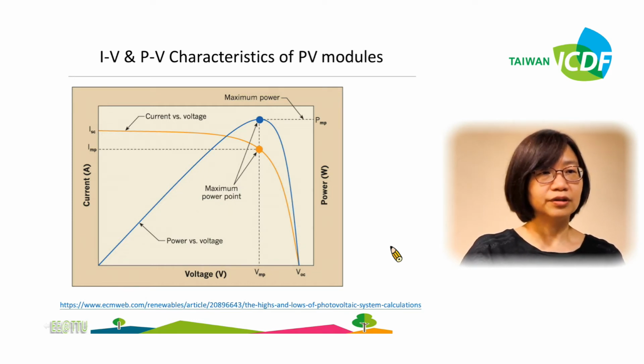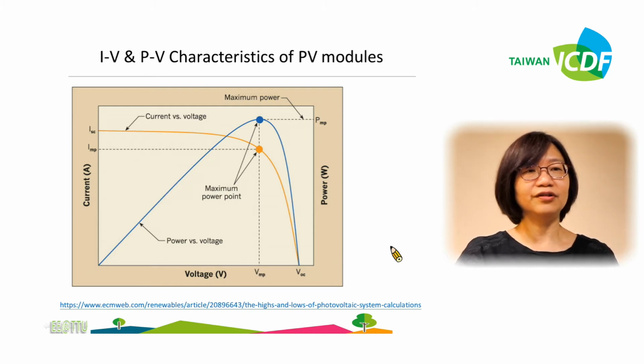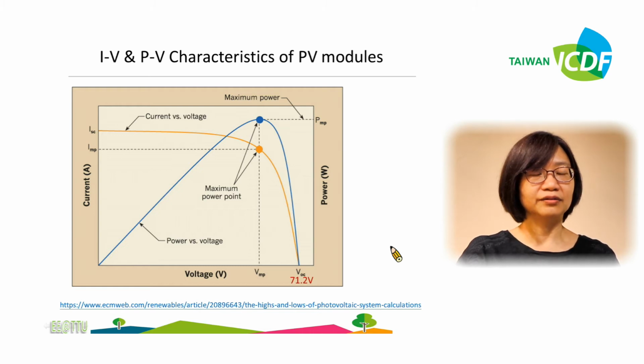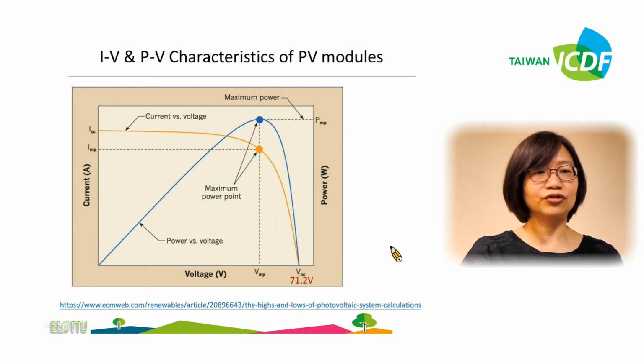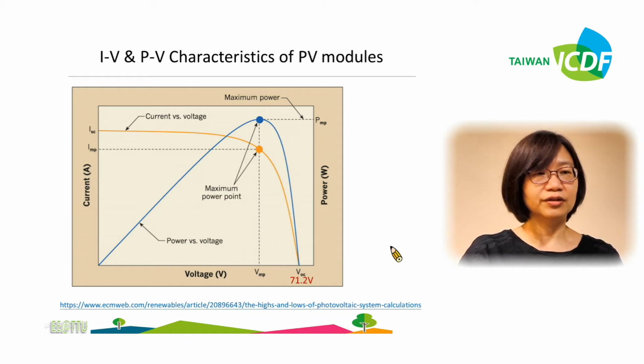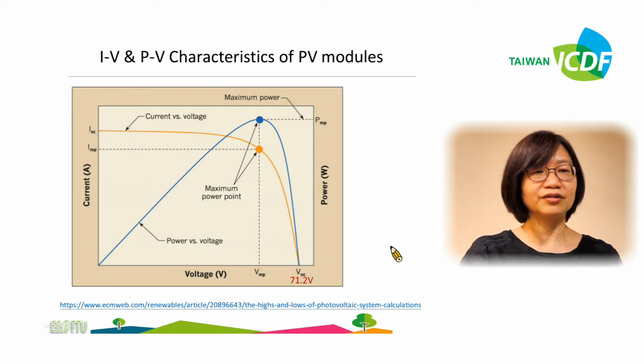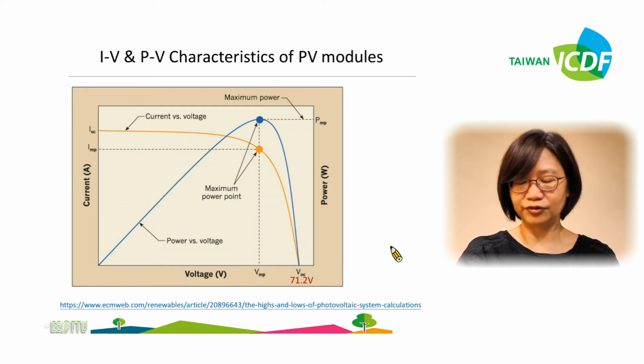The orange line represents the IV curve. From the curve, on the right-hand side is the open circuit voltage. Since it's open circuit, the current is equal to 0, but the voltage is the maximum, which in this case is 71.2 volts.